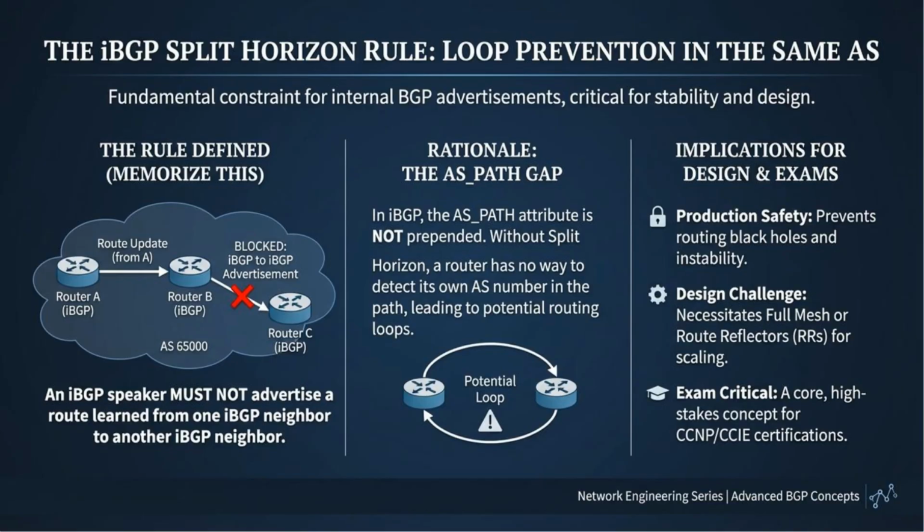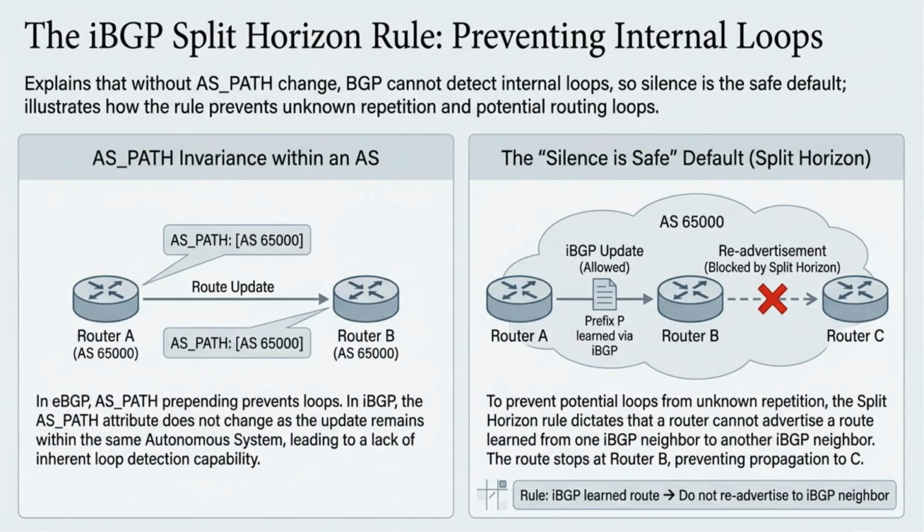But router B is strictly forbidden from passing that information on to router C if router C is also an internal neighbor. Why? Because without the AS_path changing, router B has no way to know if router C has already seen that update. To be safe, BGP simply forbids the propagation of internal updates.